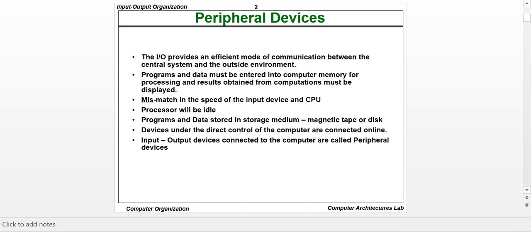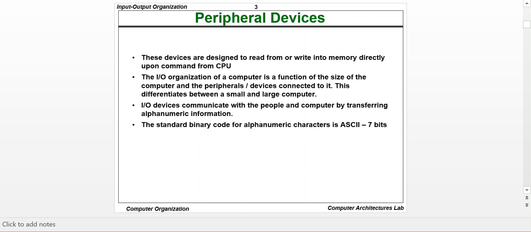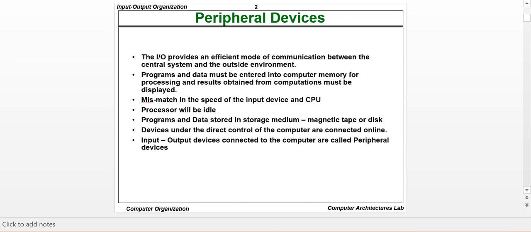These devices are designed in such a way that they can read from the memory and also directly write into the memory, whenever a command from the CPU is given. These type of devices are called peripherals. So these IO devices which are connected to the computer are called peripheral devices.